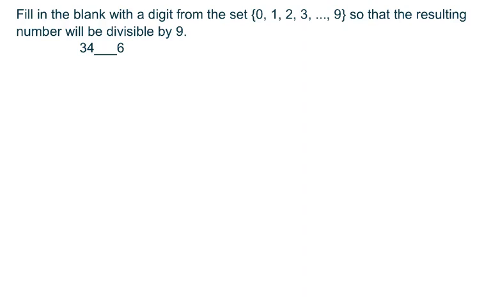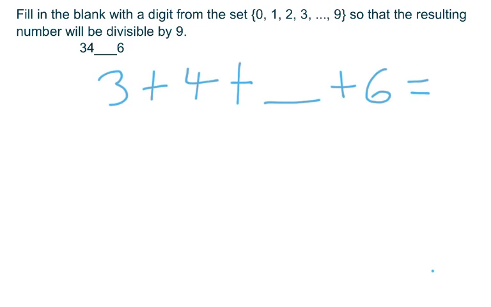But I do remember from another divisibility rule that if you add up the digits in a number, and the sum of the digits happens to be divisible by 9, then the number itself was divisible by 9.